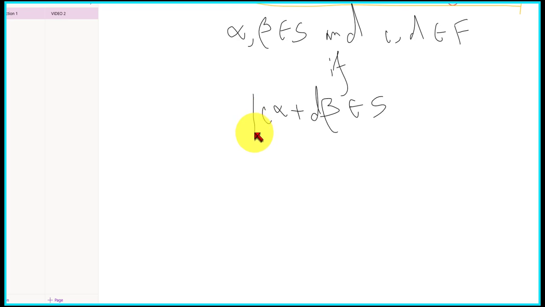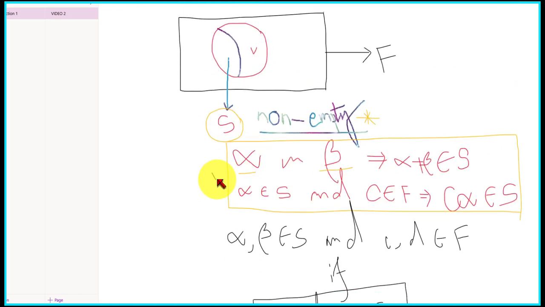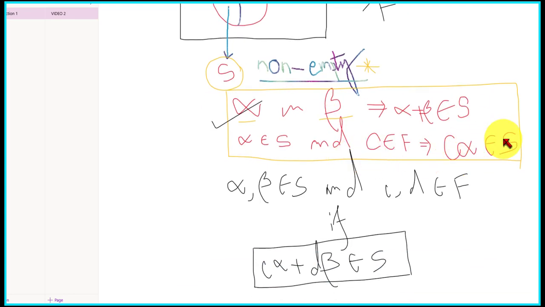But for problem-solving purposes, we have to follow these two conditions. First we follow the first condition. If the first condition holds, then we go to the second condition. If the second condition holds, then we conclude that the given subset is a subspace.